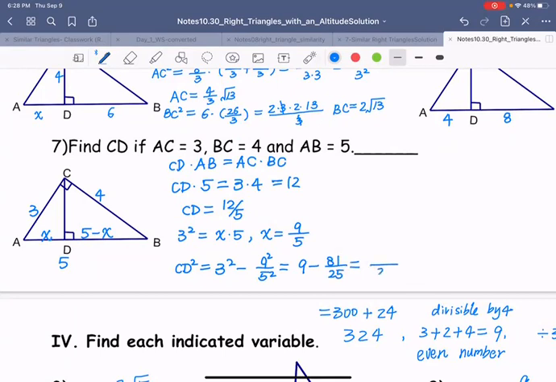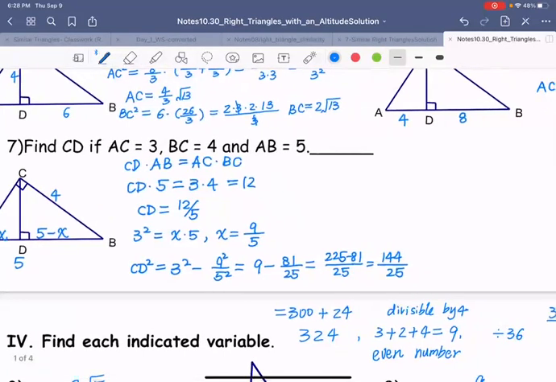And this is 25 times 9, which is 225, minus 81 equals 144.